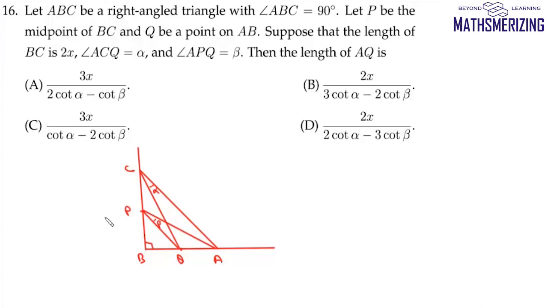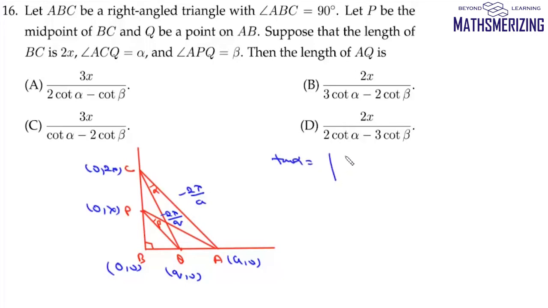Now what we'll do is, we'll take this B as origin, we'll take A as A comma 0, and Q is any point on AB. So we'll take this point as Q comma 0. Now this BC is 2x, so it'll be 0 comma 2x, and P will be 0 comma x. Now we'll write the slope of AC will be minus 2x upon A and the slope of CQ will be minus 2x upon Q. Now we'll write tan alpha will be mod of 2x by Q minus 2x by A upon 1 plus 4x square by AQ.